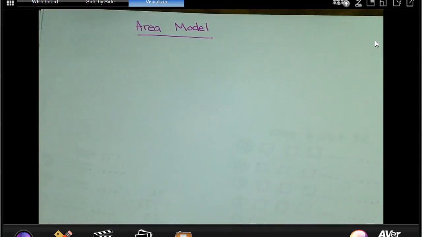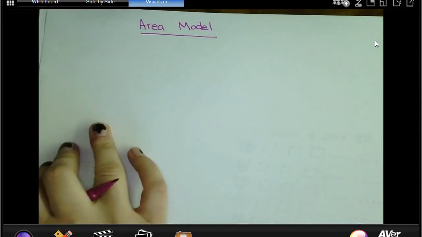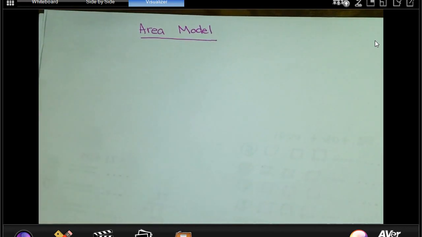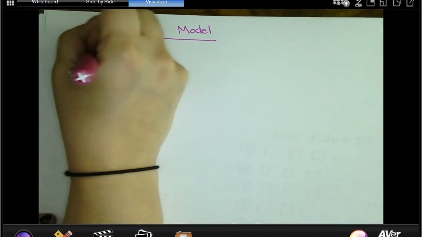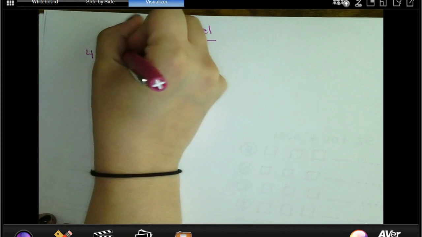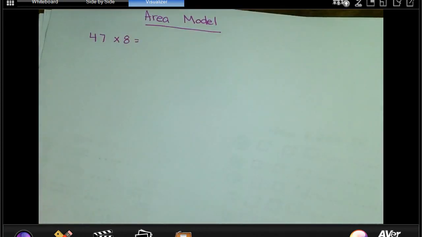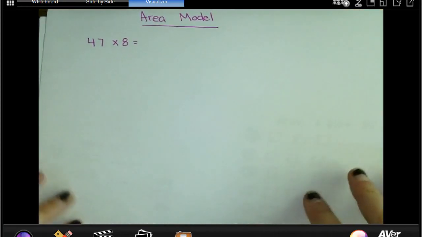This depends on the students knowing their math facts a little bit faster. So if I were to take a problem like 47 times 8, we would want to draw a rectangle.